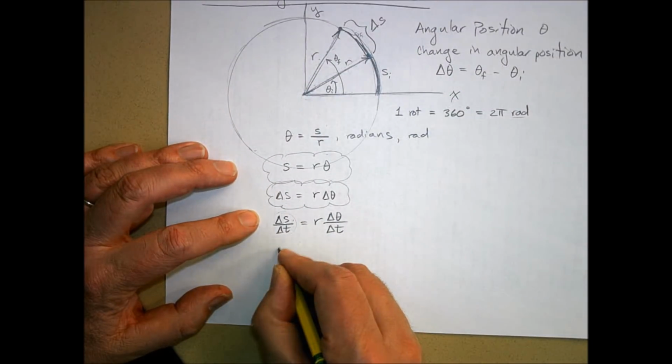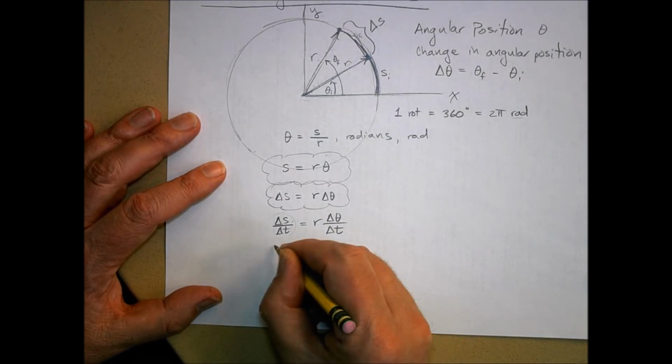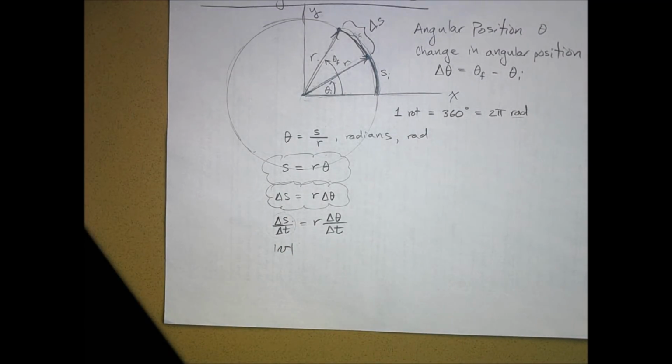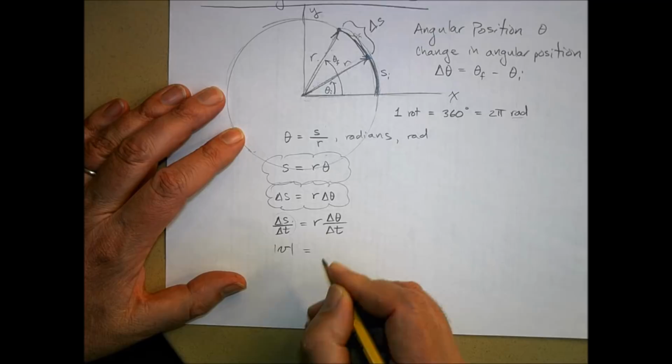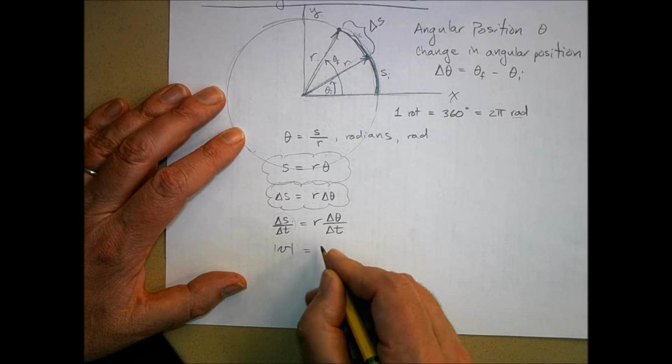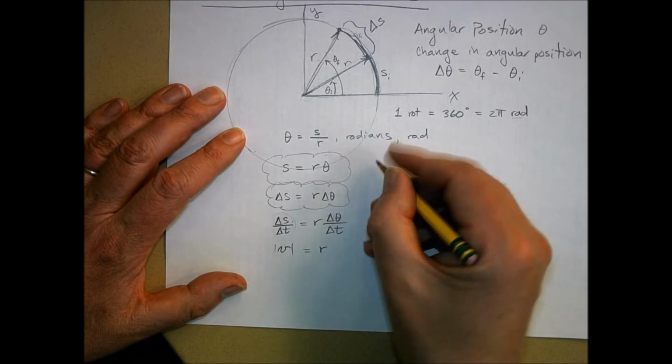Now I'm going to use a v for velocity, but we kind of say speed by putting a little absolute value, like the magnitude of your velocity is your speed. So we're going to call that your speed. And this is going to be equal to r. Now, delta theta over delta t.